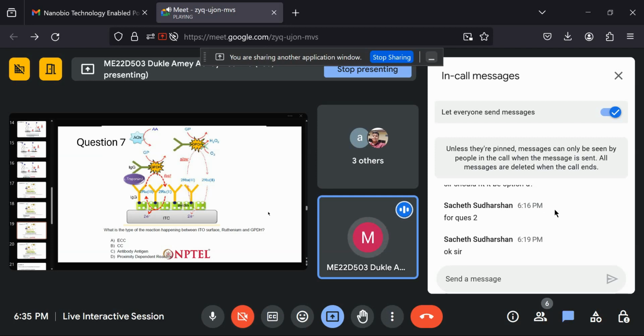I have given you hints previously. To give you a hint, in a CC chemical reaction there is no electron transfer. In an antibody antigen reaction there is no electron transfer, and in the proximity dependent reaction there can be electron transfer, but in this case the speed of the reaction is not due to that.